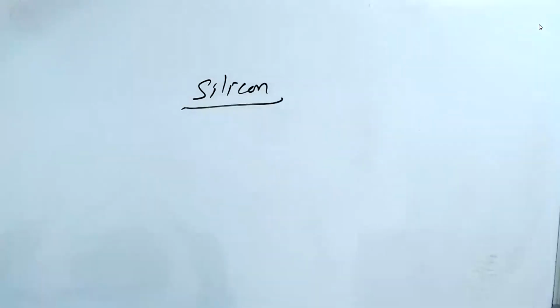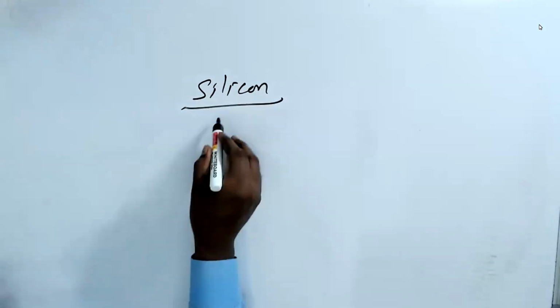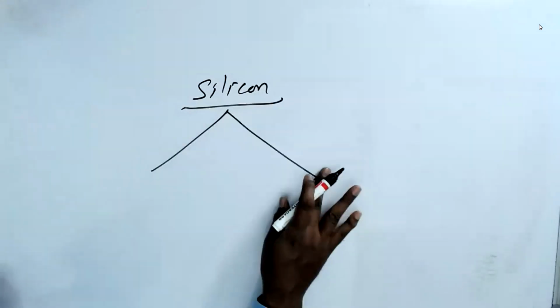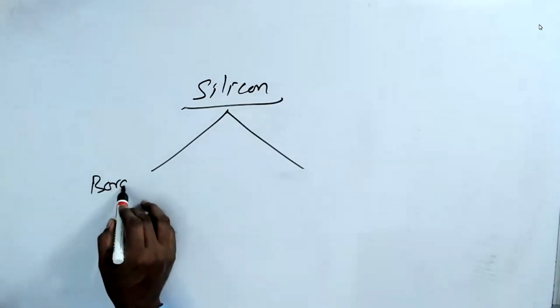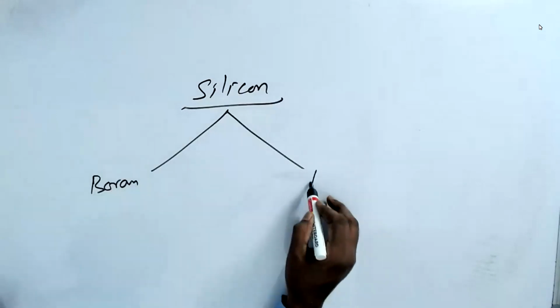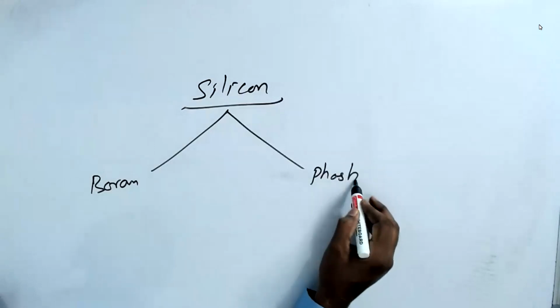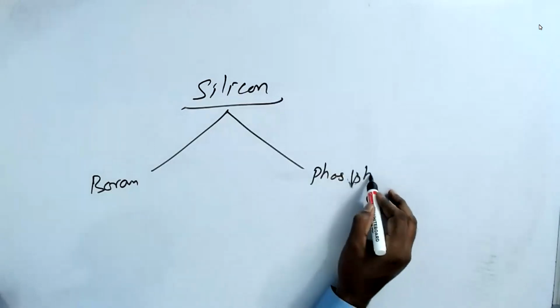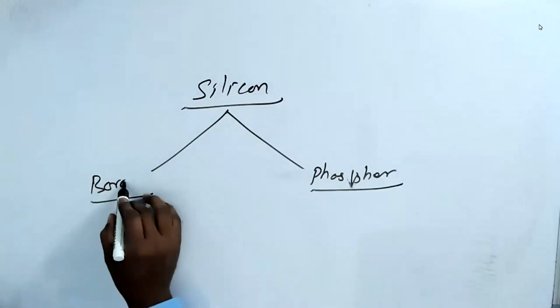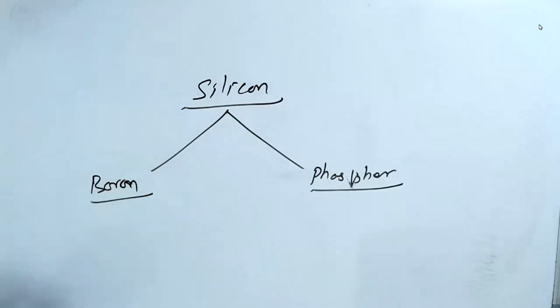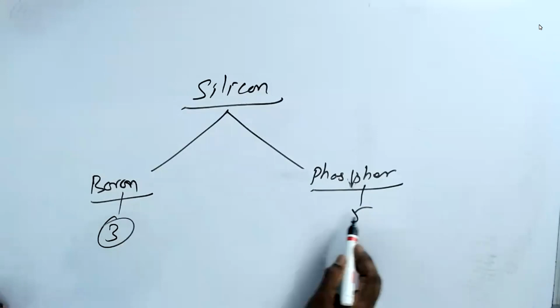That changed the whole world. So silicon, they added with 2 materials. One is boron gas, and the other one is phosphorus. So phosphorus has 5 valence electrons and boron has 3 valence electrons.